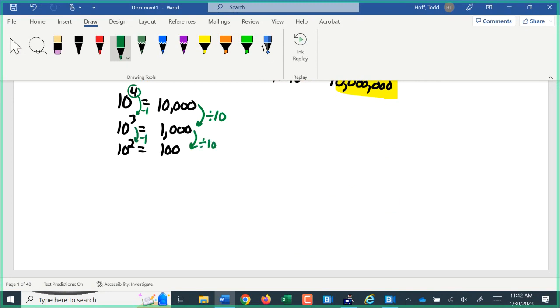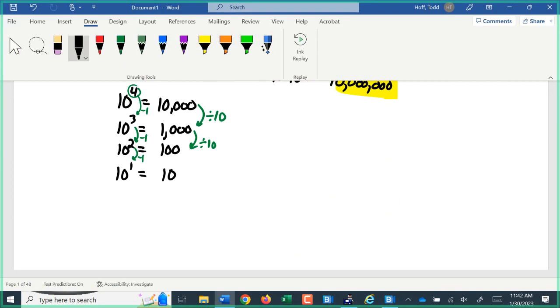We reduce the power by 1 again, and we get 10 to the power of 1. We're dividing the answer by 10, and 100 divided by 10 is just 10. Makes sense. Every number we have, even though there's no power written there, is to the power of 1. So 10 to the power of 1 is just itself.